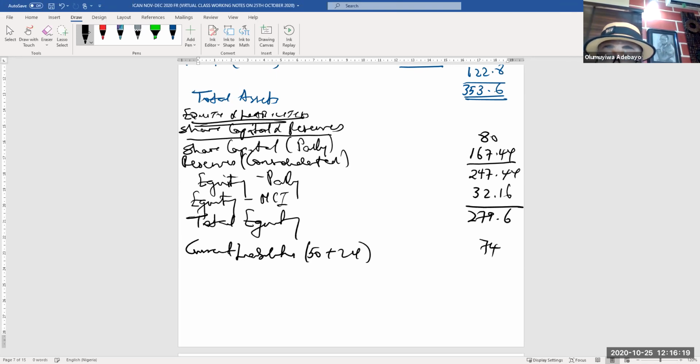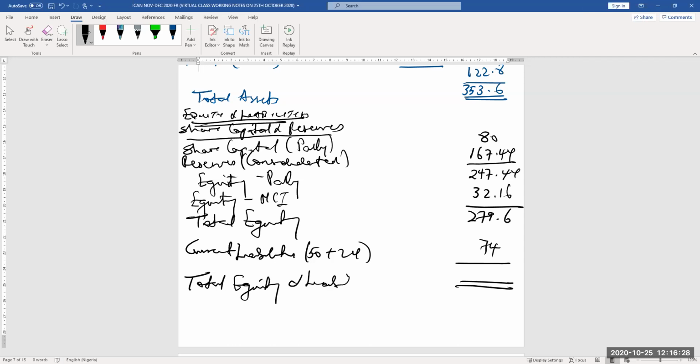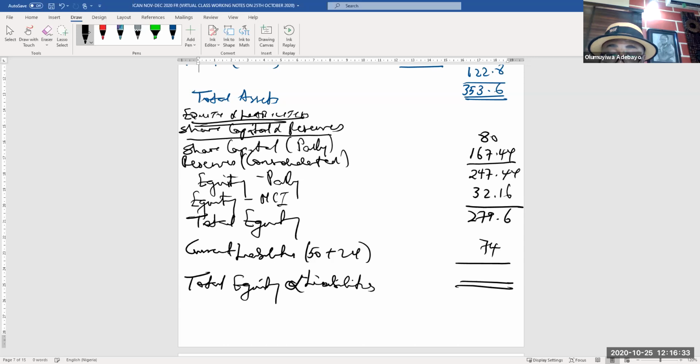That's what? 74. All things being equal, what's my total equity and liabilities? 353.6.